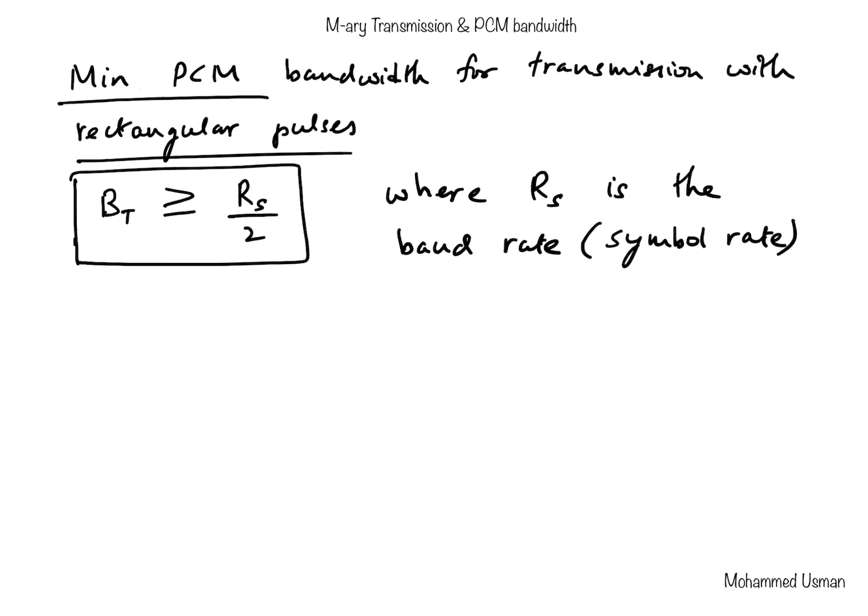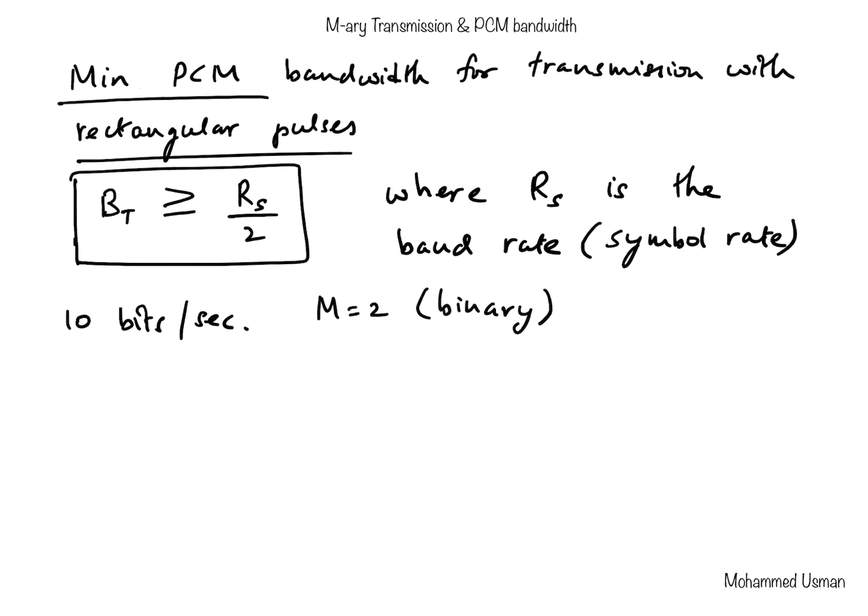So let's take the example where we want to transmit, say, 10 bits per second, right? And if you're using binary transmission, and we'll consider the case where binary transmission means m equal to 2.